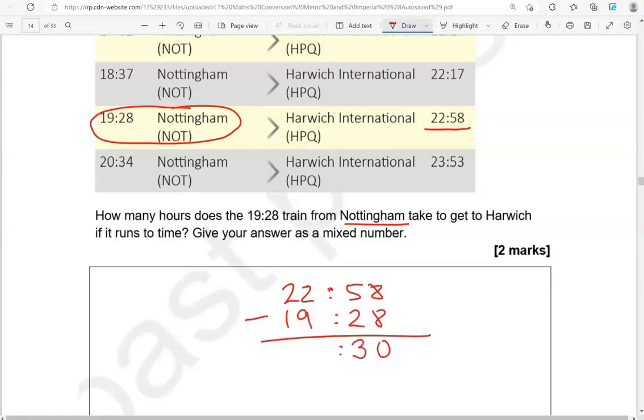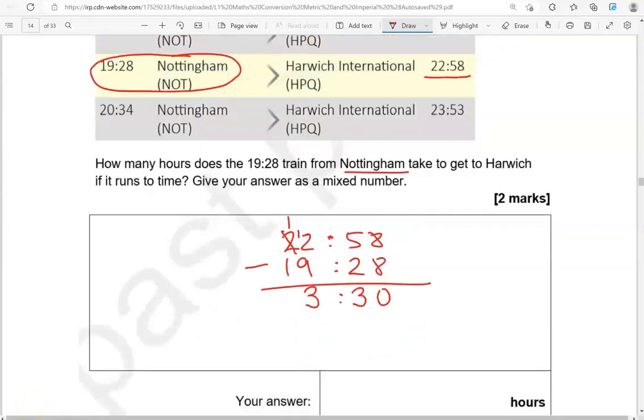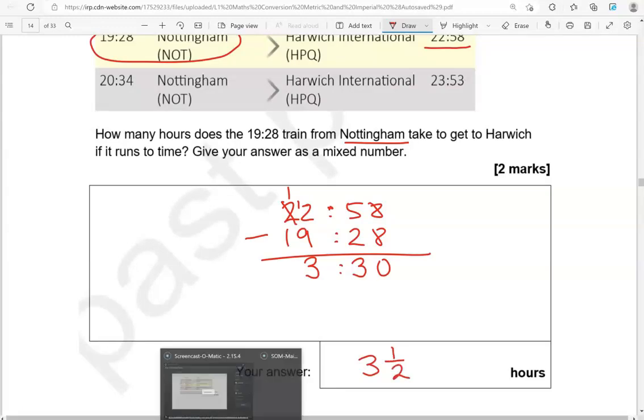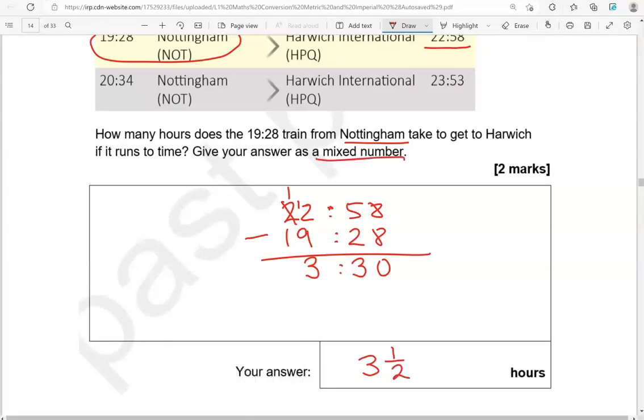We've got to take away 9 from 2, which means we've got to borrow. So now we have 12 take away 9, which is 3. 1 take away 1 is 0. So it takes 3 hours and 30 minutes, which is 3.5 hours, because we can give our answer as a mixed number.